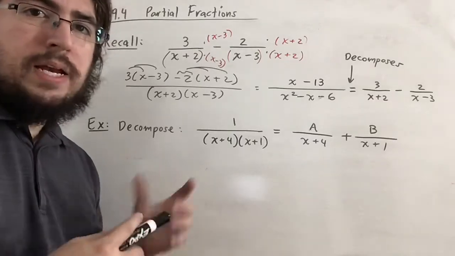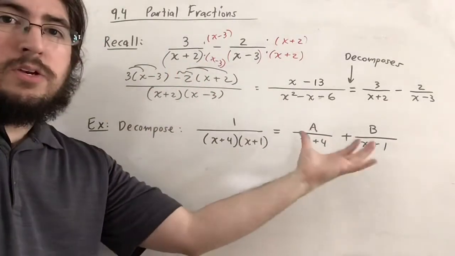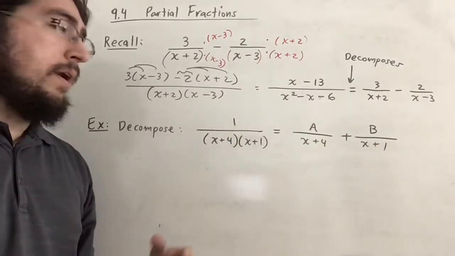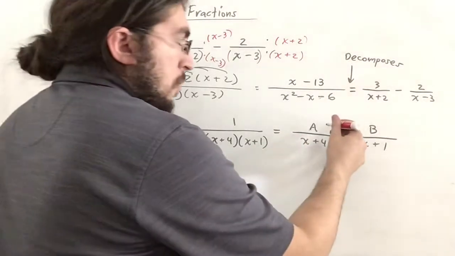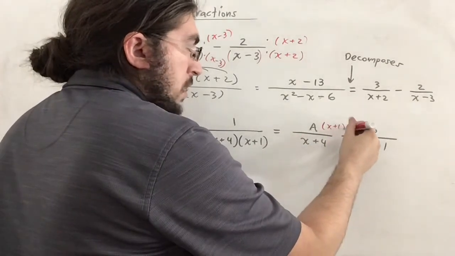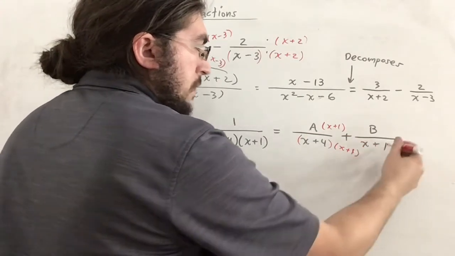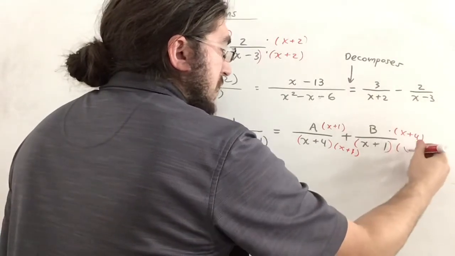Well, now we can follow this process to see if we can relate the new numerator, combining these two with A and B, to this original numerator 1. So notice we're going to apply the same thing we did here. I'm going to multiply top and bottom by x plus 1 for this fraction, and multiply top and bottom by x plus 4 for the second fraction.